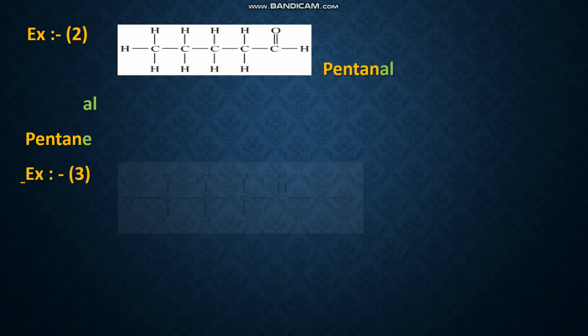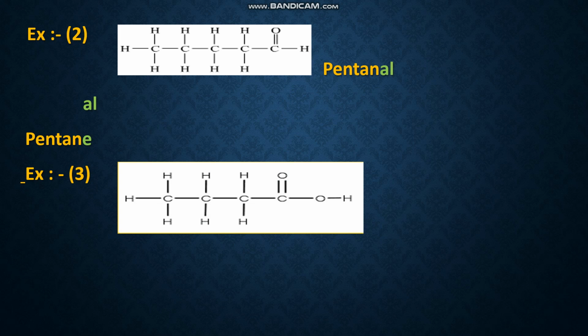Next example. The carbon compound is given. First step is to identify the number of carbon atoms. So here there are 1, 2, 3, 4 carbon atoms present. So which is the corresponding alkane? The alkane having 4 carbon atoms, that is butane. Now next we have to identify which functional group is present here.